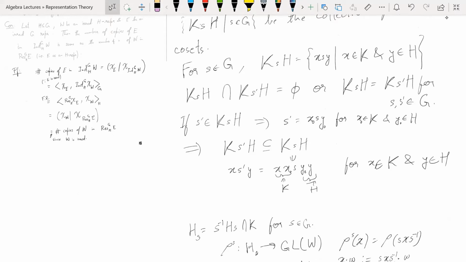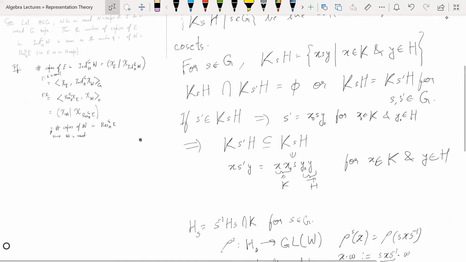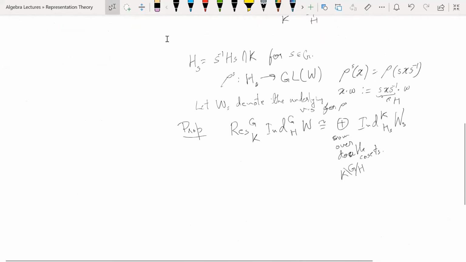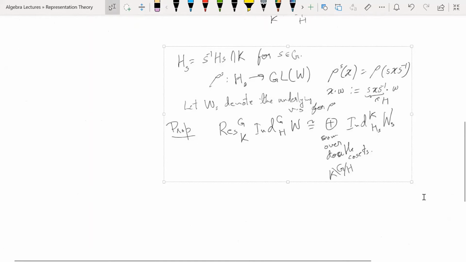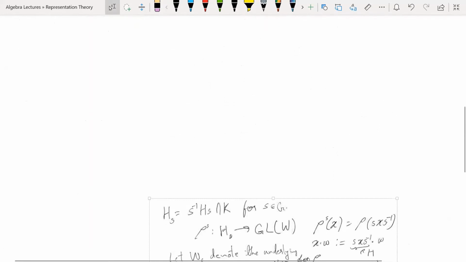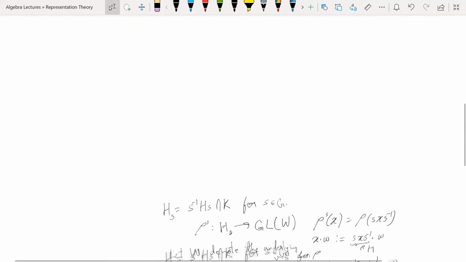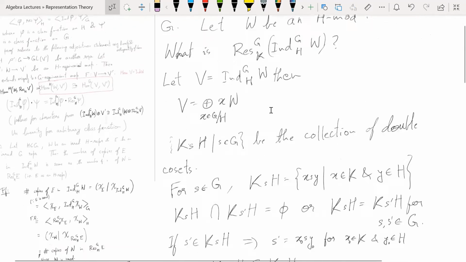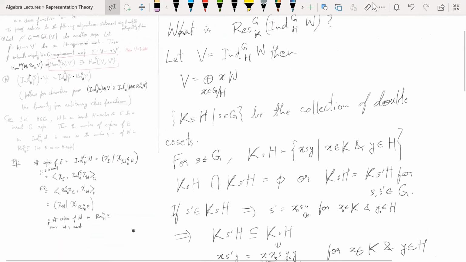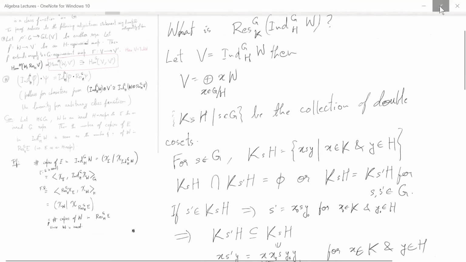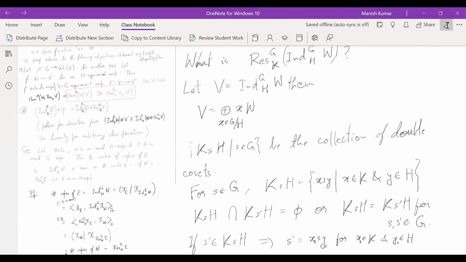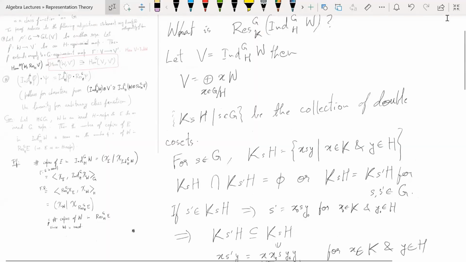So you can see that double cosets are indeed either disjoint or identical.